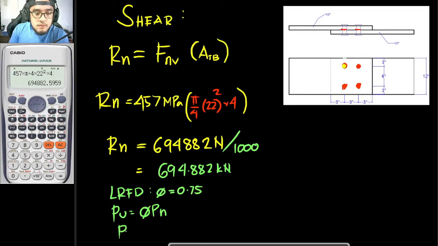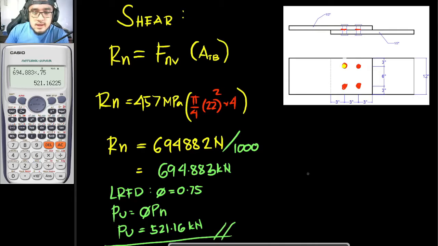From that, your PU is now equal to 694.883, 883 pala to, times 0.75, which would give you an answer of 521.16 kilonewton. So this is to be for your PU.